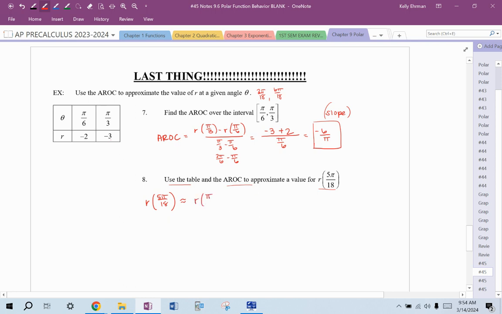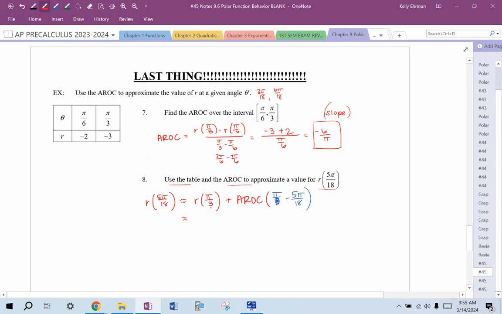Let's jump off from R of pi over 3. What are we going to do? We're going to add to that the average rate of change times the change in x. How far is it from pi over 3 to 5 pi over 18? We just would subtract our starting point, sorry, I didn't want this to be negative, starting point minus our approximation, 5 pi over 18. What does that mean?